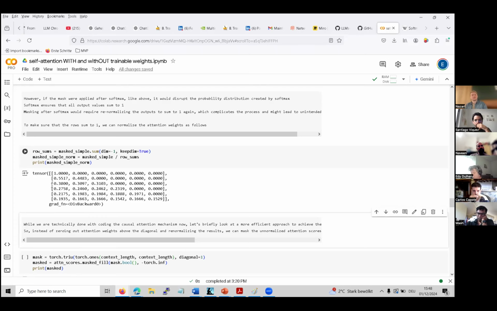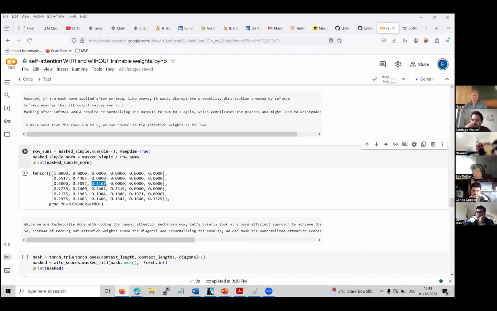So for the word starts, the computed weight with regards to the word your is 0.38, and with the word journey is 0.3.